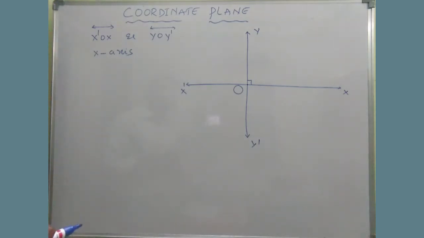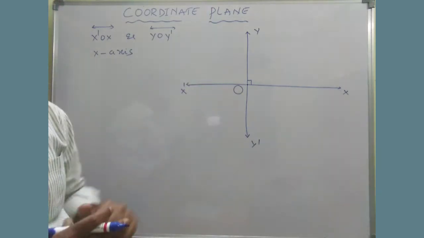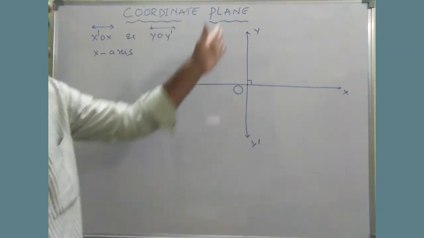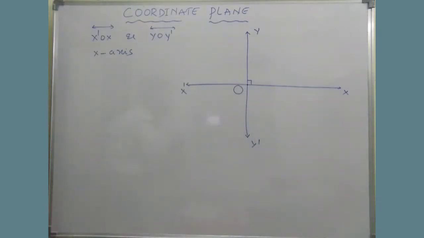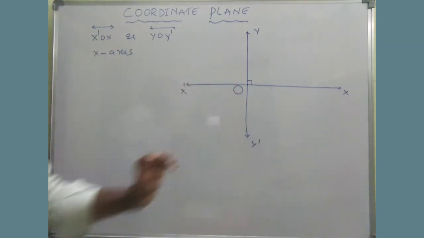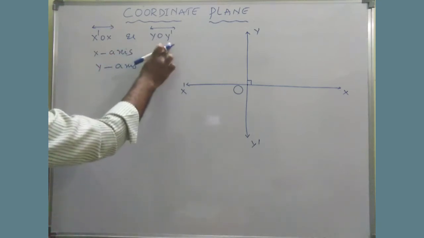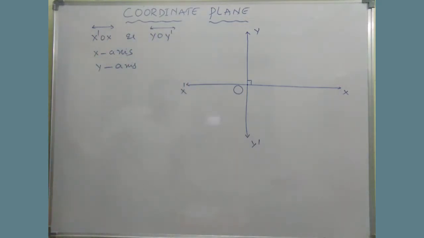In the same way, consider the vertical line which is passing through the origin. Actually, in a plane we can draw infinitely many vertical lines, but among all those vertical lines, only one passes through the origin. That vertical line is called the y-axis, briefly the line y dash y.